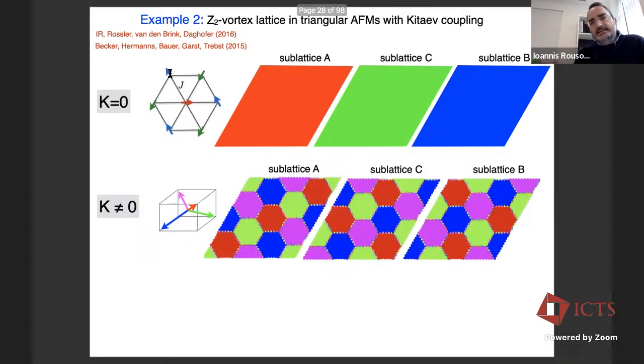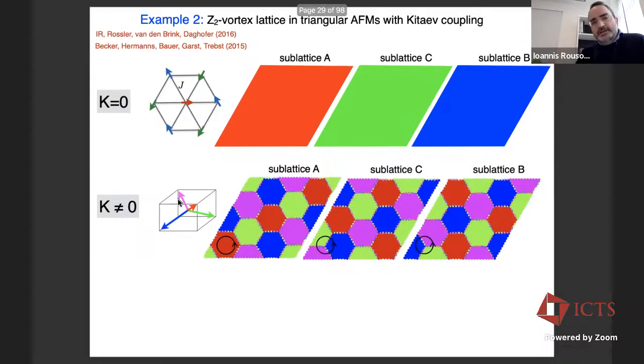But what happens is that when you switch on this anisotropy, in this case the Kitaev-type anisotropy, each separate sublattice breaks spontaneously into a superlattice of honeycomb ferromagnetic domains, or nearly ferromagnetic domains, pointing along these different, or roughly along these different 4 directions in spin space.